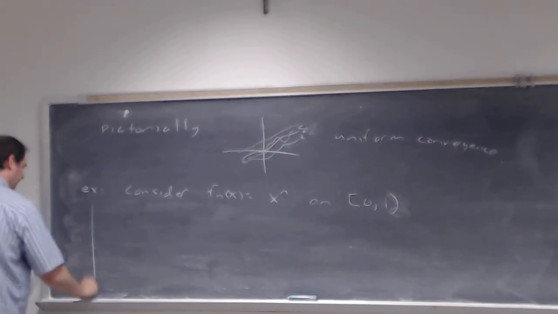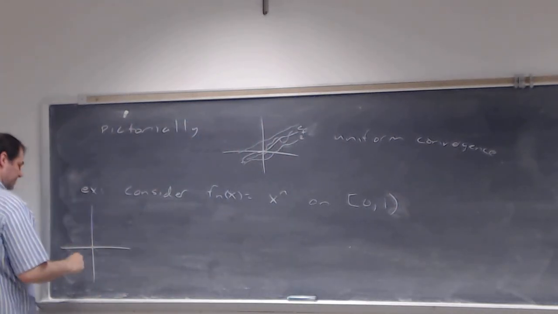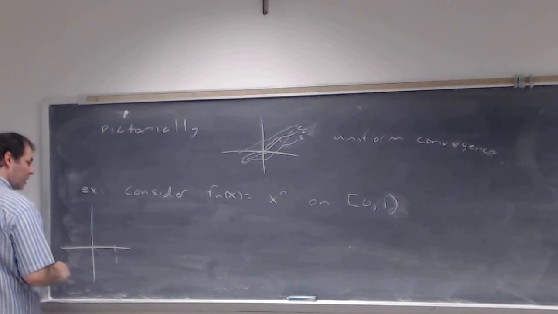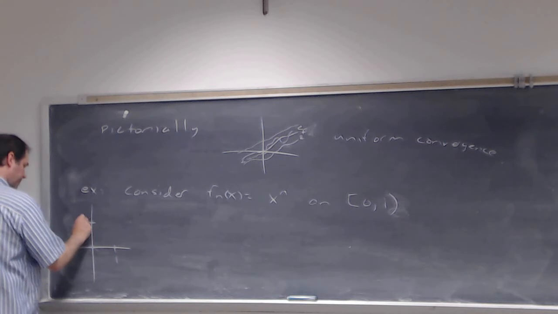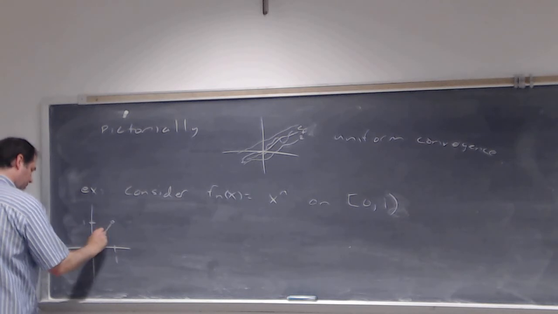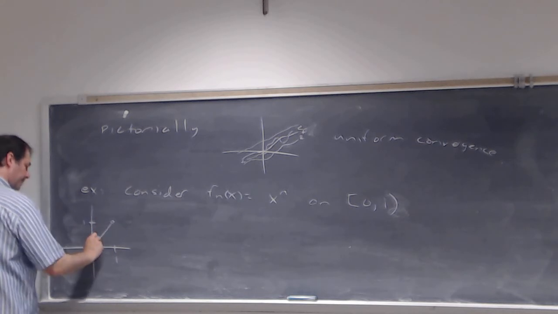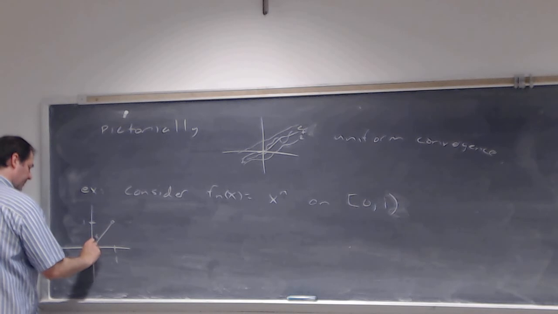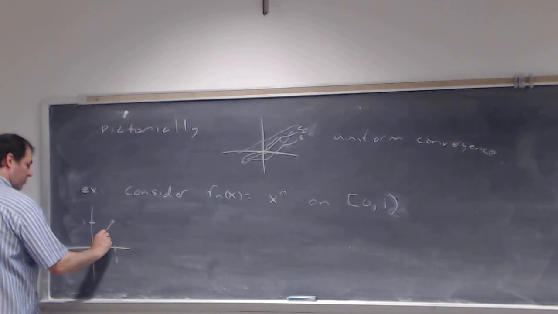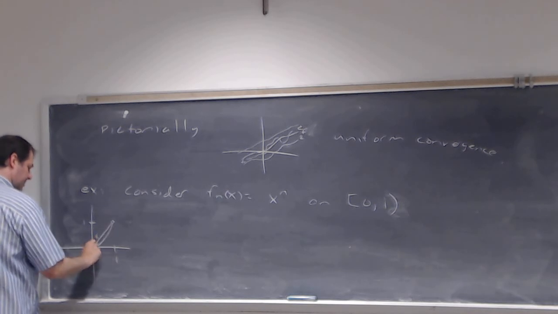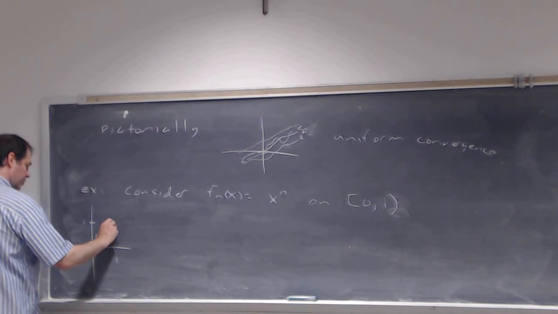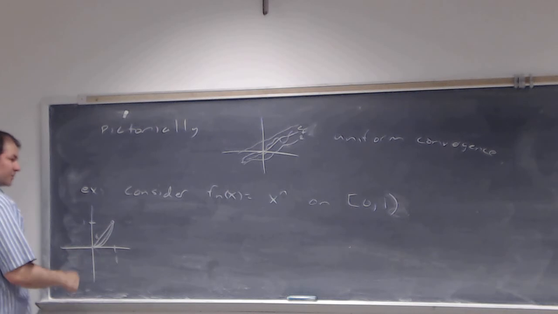So here's 1, and we don't quite get to the value 1. That's f sub 1. Then f sub 2 is x squared, it looks like this. And f sub 3 is a little bit lower, x cubed. And they continue going this way.